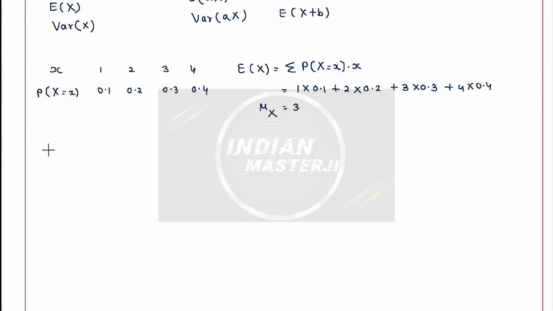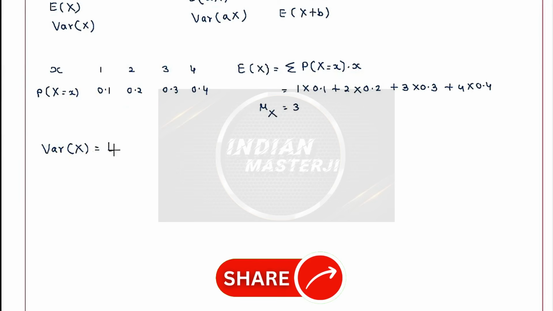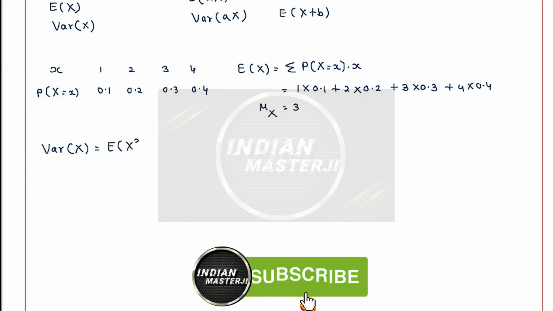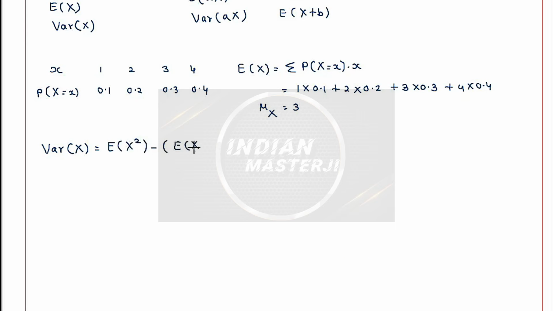Now, similarly, if I have to find out the variance of x, so what is variance of x? Variance of x is expectance of x square minus the square of the expectance of x, correct?